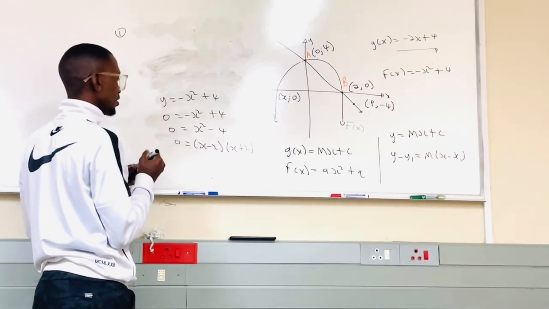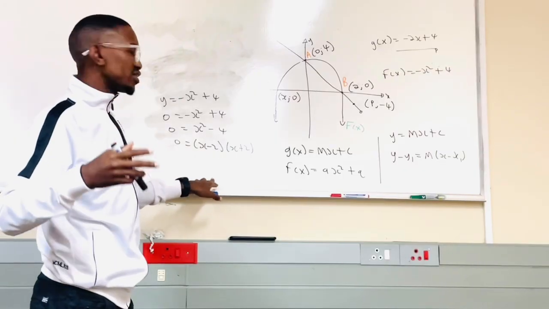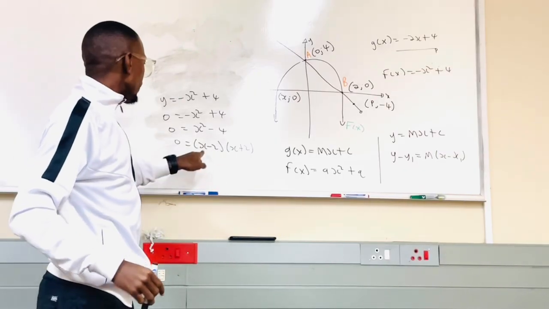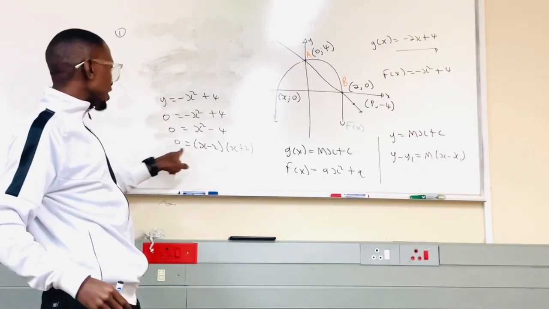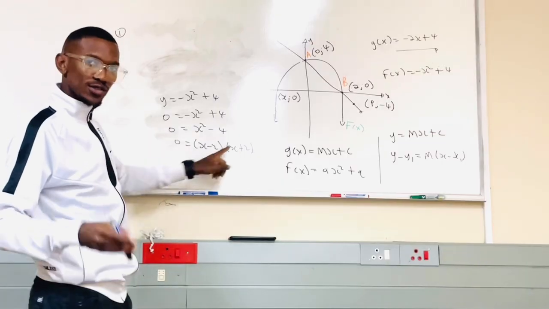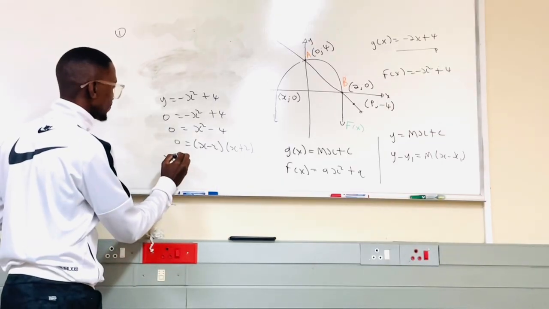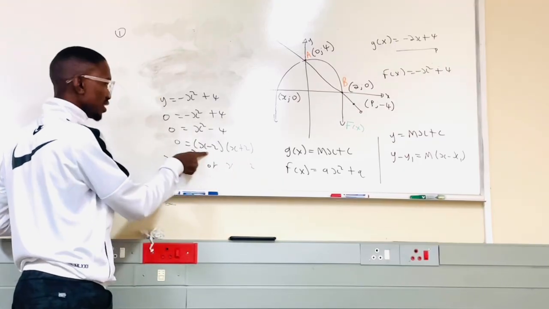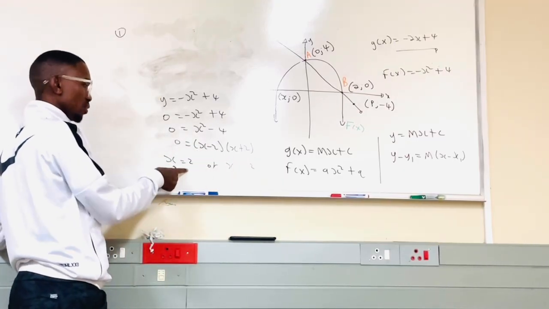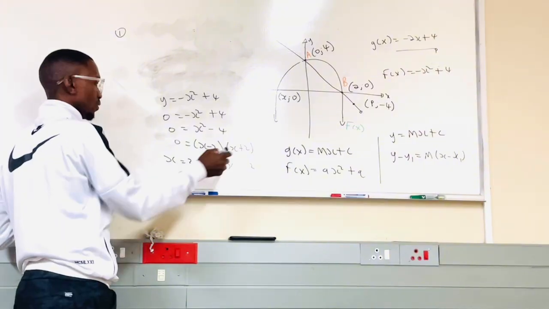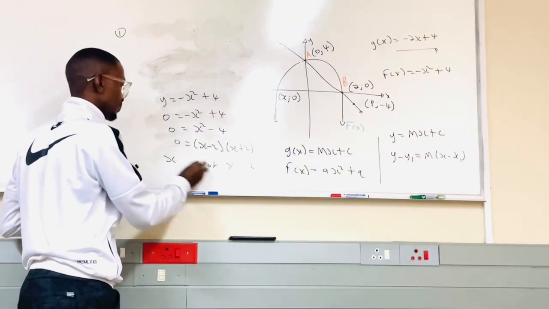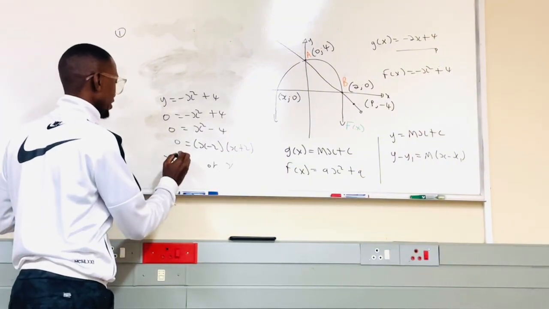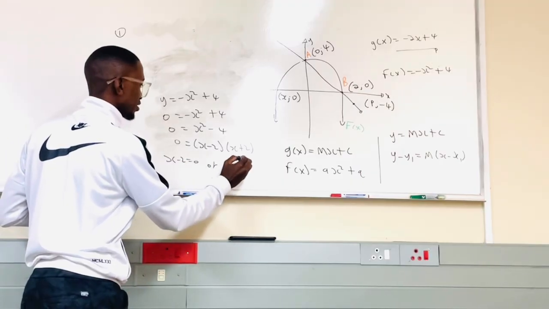And then you remember, if you watch one of my videos in terms of how to solve, I said if a times b equals to 0, then a equals to 0 or b equals to 0. This is my point. x equals to 2 or x equals to -2. Oh, maybe step by step. x minus 2 equals to 0 or x plus 2 equals to 0.